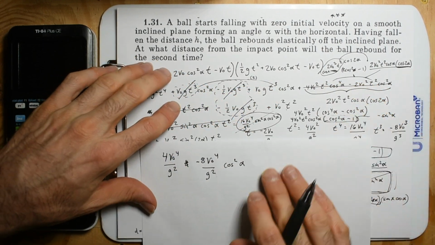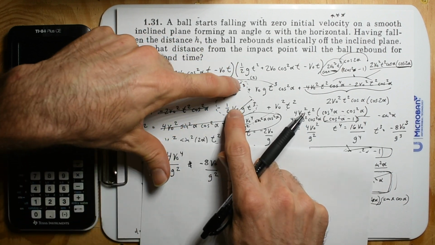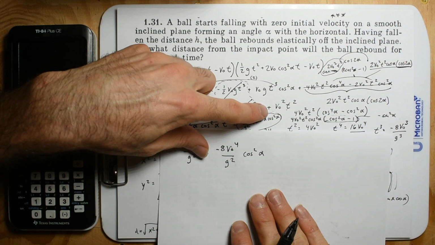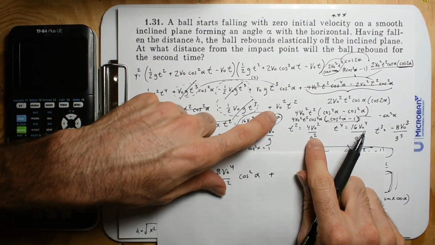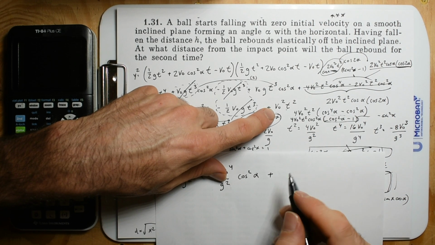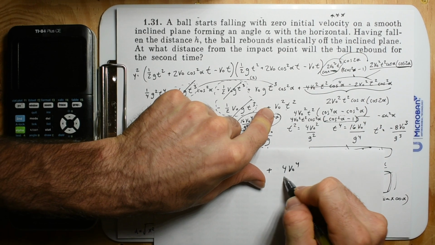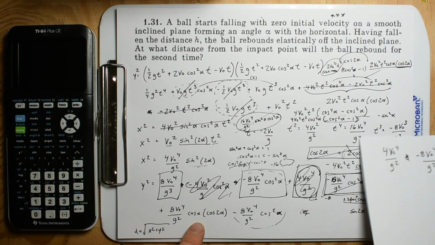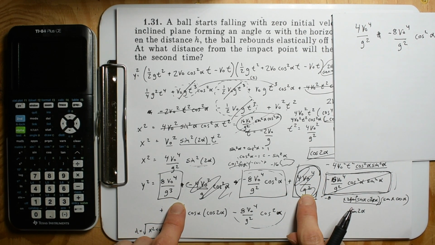These added up and canceled out with that term. So now we're just left with this, and we got plus 4 v naught to the fourth divided by g squared, plus 4 v naught to the fourth divided by g squared. And is that it? Yeah, the 4 v naught to the fourth divided by g squared.